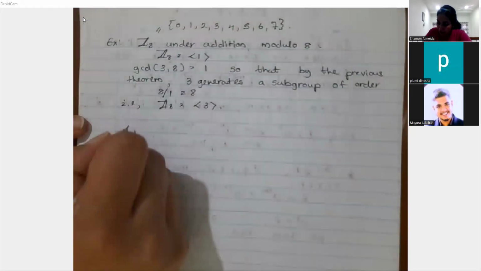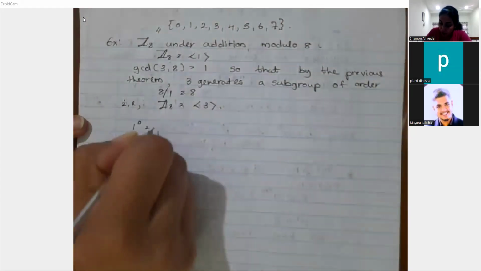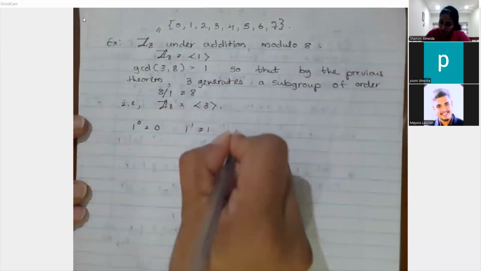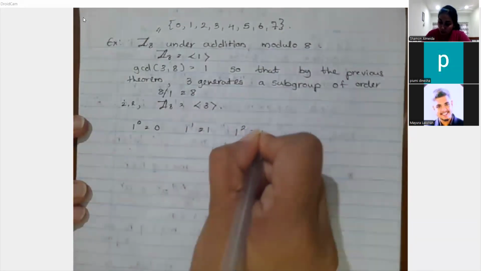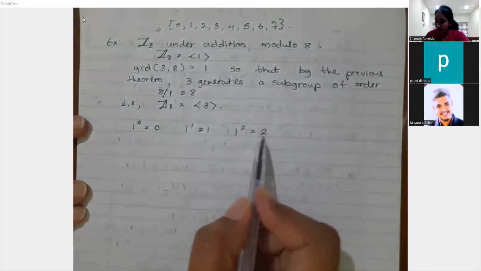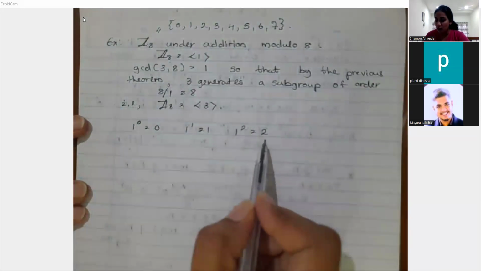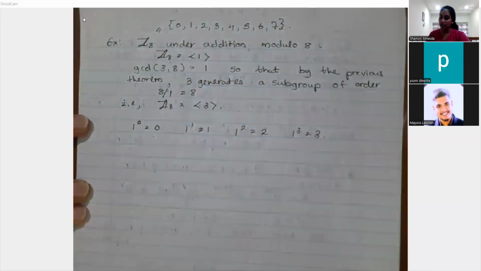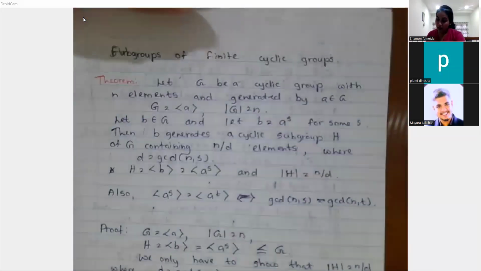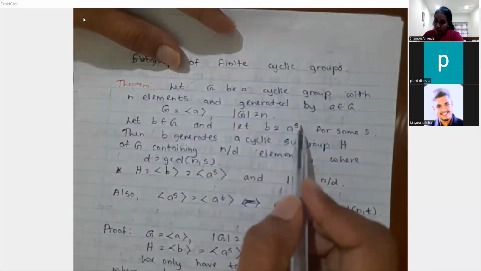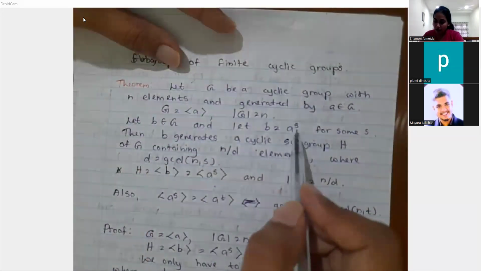Not only that, 1 raised to the power of 0 gives you 0. 1 raised to the power of 1 gives you 1. 1 raised to the power of 2 gives you 2. So the number here itself gives you the element. 1 raised to the power of 3 gives you 3 likewise. So with respect to this theorem, we take any element and we find the corresponding power.